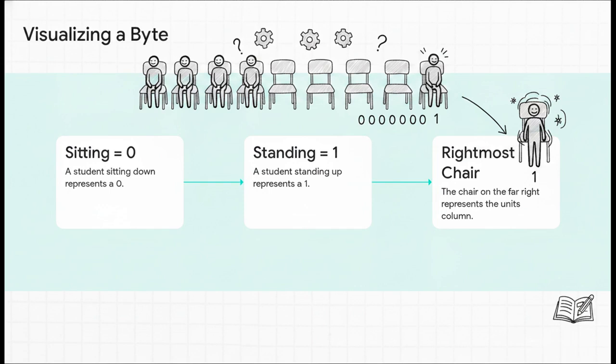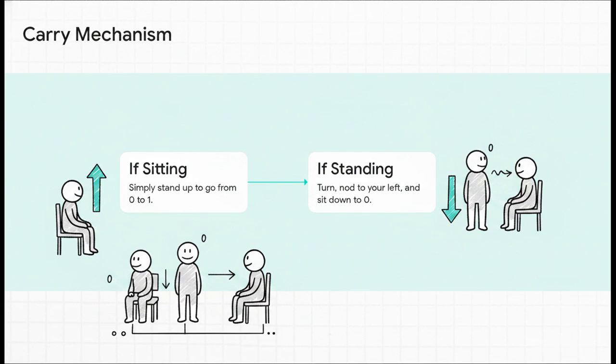The chair on the far right represents the units column. Now, what's super interesting here is that the student in that far right chair actually has the most work to do. Every single time we count up by 1, that specific student has to change their position. And this perfectly illustrates the carry mechanism in computing. Think about it. If you're a student in this row and you're sitting down, your rule is easy. Just stand up. You've gone from 0 to 1.